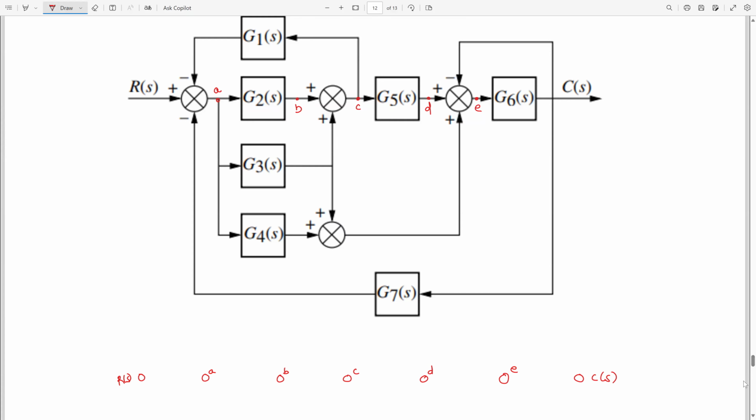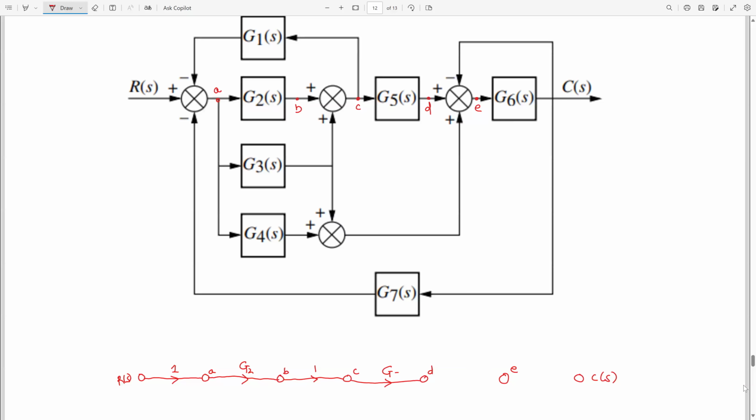Now we draw, you know that from here to here, the transfer function is +1, it's +1 because of the plus here. From here to here, you have plus G2, it's plus because of the plus here. Then from B to C is just 1. Then from C to D is plus G5.